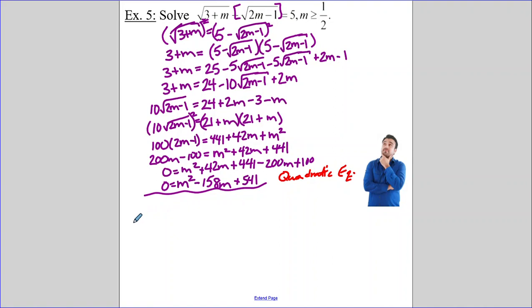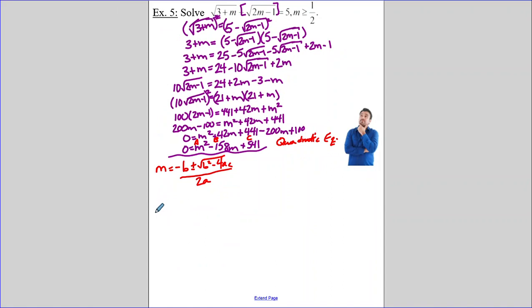If we're solving for m here, m is basically equal to minus b plus or minus the square root of b squared minus 4ac all over 2a. And so I have an a term, I have a b term, and I have a c term. So I'm going to go ahead and just plug these in and see what we get.